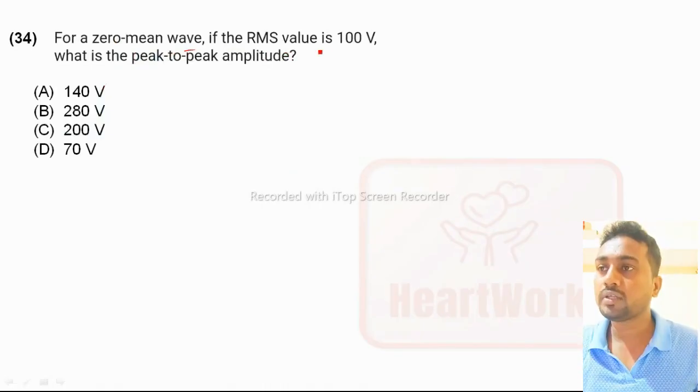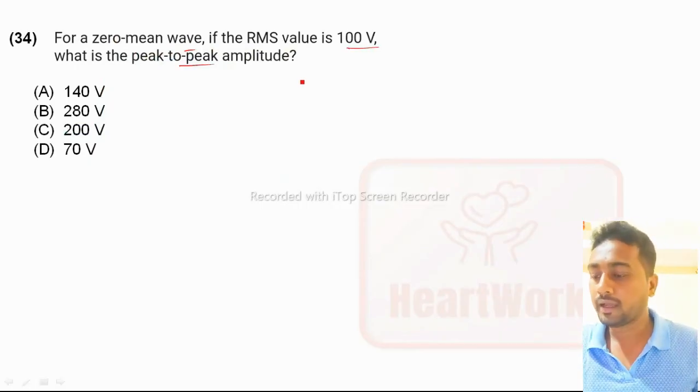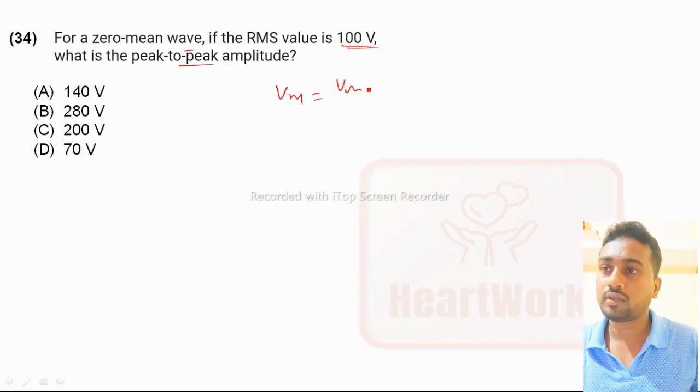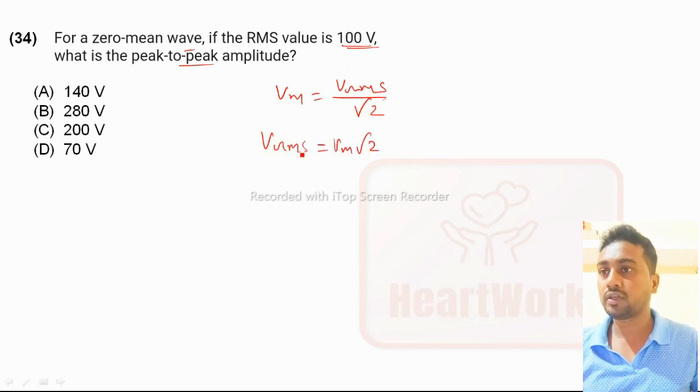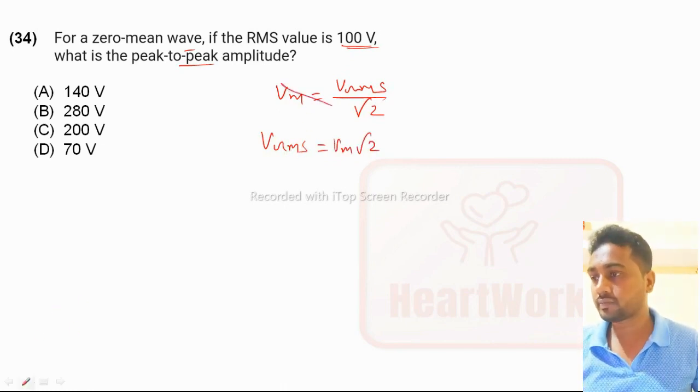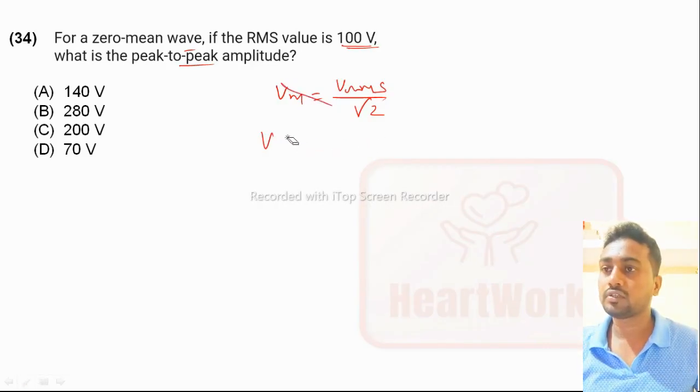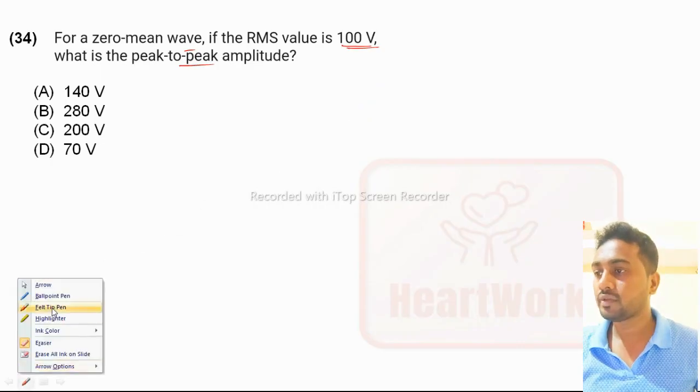For a zero mean wave, if the RMS value is 100 volt, what is the peak to peak amplitude? The RMS value given is 100 volt. Sorry, I wrote the wrong formula, so we have to erase it first.